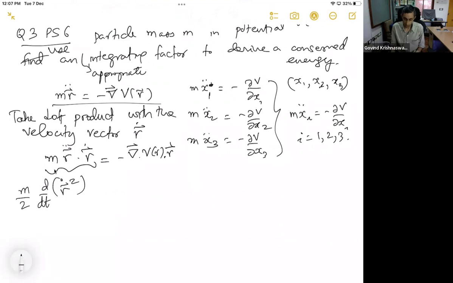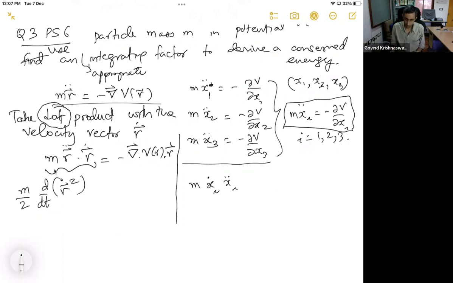But if you are not comfortable with that, or the first time you want to work in component form, what you would do is take this equation and multiply by xi dot. The process of taking a dot product means you must sum over. After all, r double dot dotted with r dot means x1 double dot times x1 dot plus x2 double dot times x2 dot plus x3 double dot times x3 dot, right?